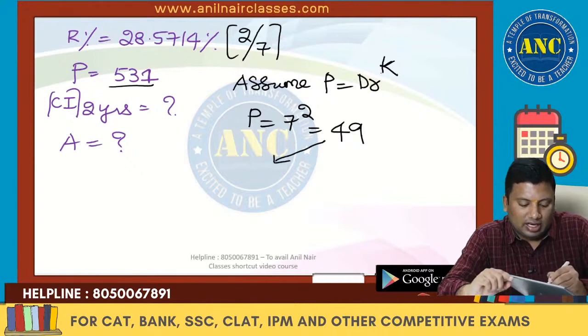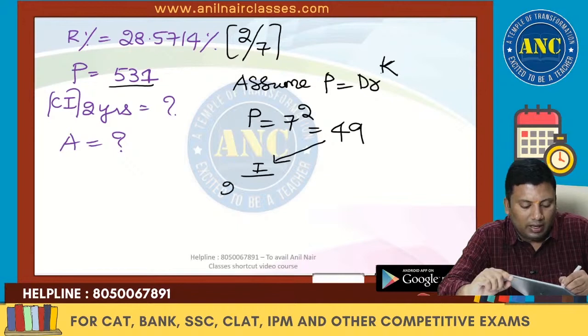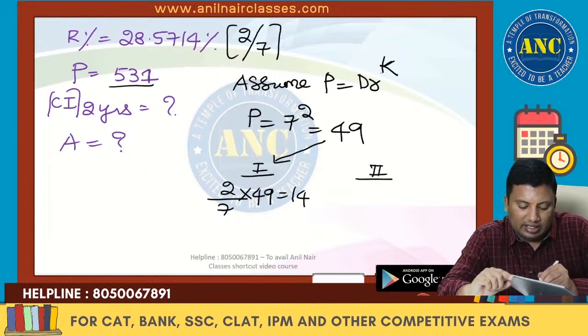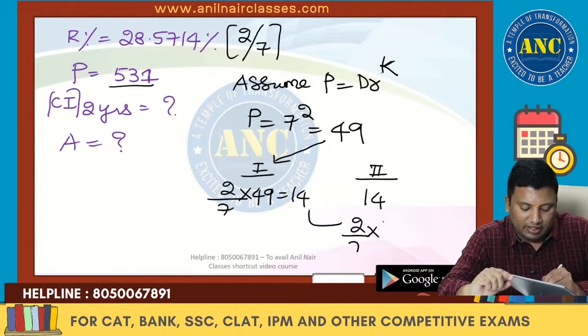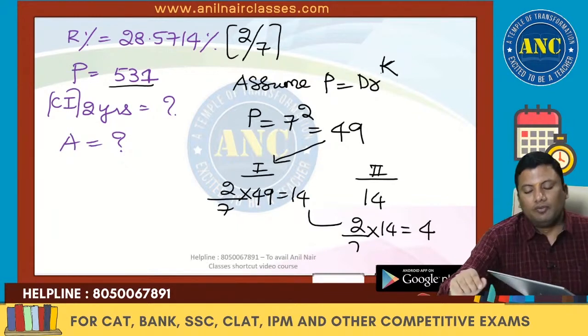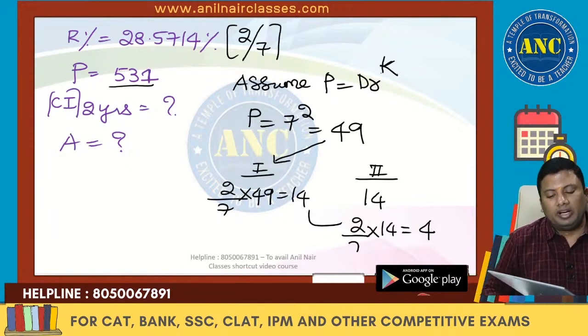So first year it is 2 by 7 of 49, which is 14. Second year the SI remains the same, 14. Here the interest on interest is 2 by 7 of 14, which is nothing but 4. I hope it is clear.